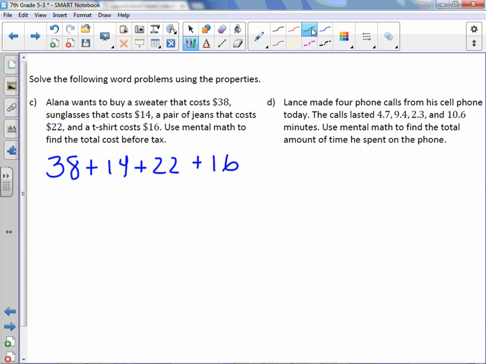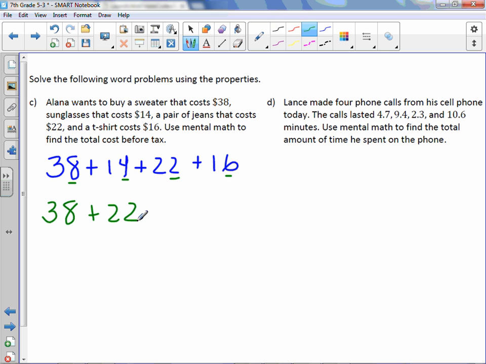What you should start to recognize is that you can rearrange numbers and group them together to give you nice, easy amounts to add in your head. For example, look at that last digit. 8 can pair with 2 to be 10, so I'm actually going to, in my head, do 38 plus 22.